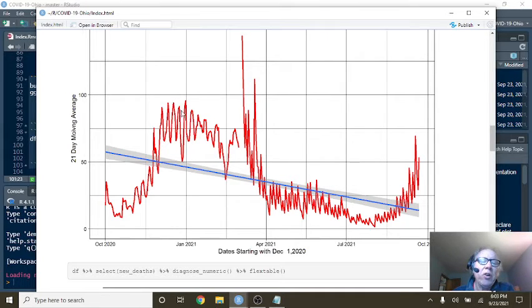Think about it: if they went back and fixed the numbers, the numbers would be restored back over to here. What that would mean is that this decline in deaths would be more impressive, because instead of going from December, it would have gone up in here and all the way down. But nonetheless, you can see a declining pattern here.